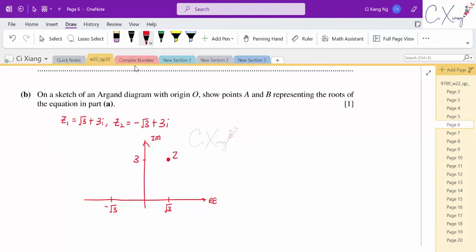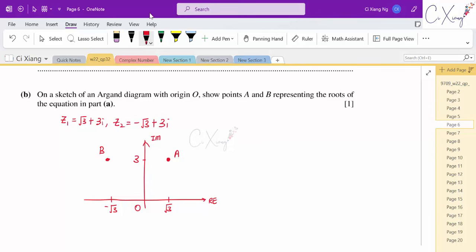They want us to label them as A and B. So this is point A, and this one is point B, where we have negative square root 3 plus 3i. These are the two roots on the Argand diagram. This is the origin O, this is root number 2, and this is root number 1.